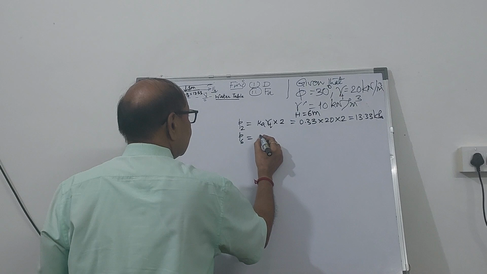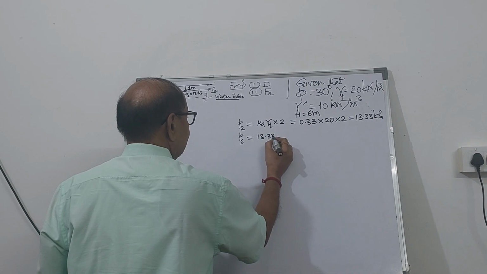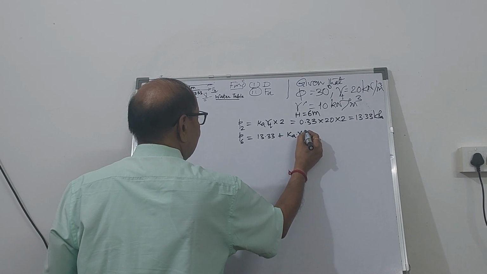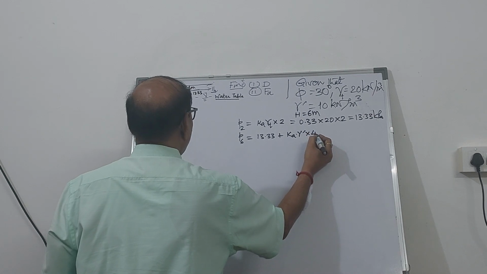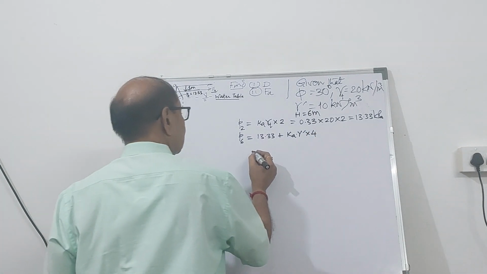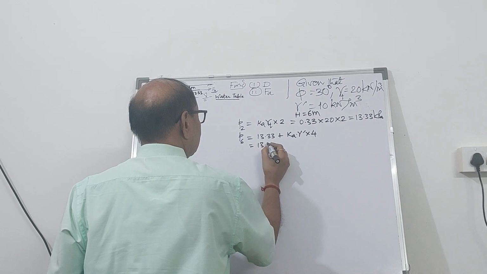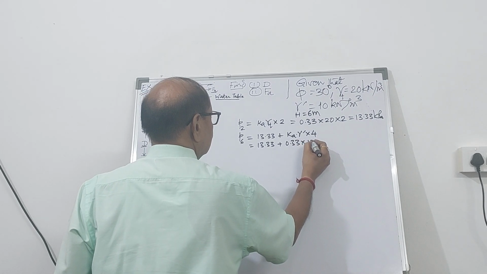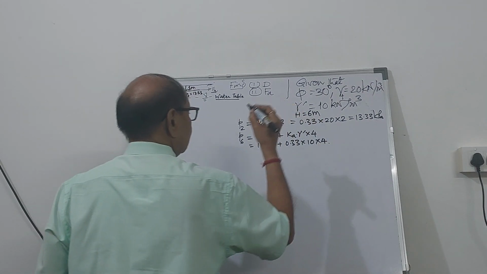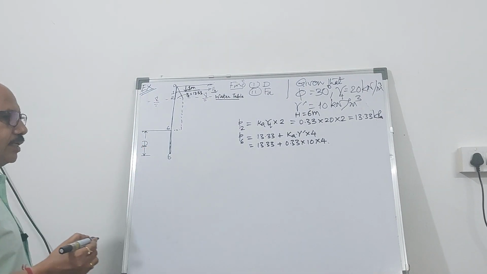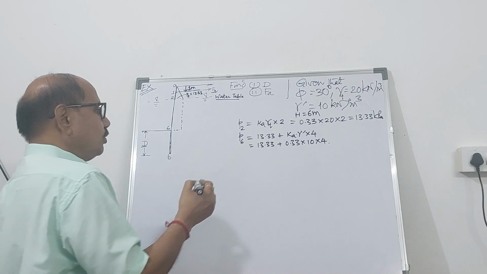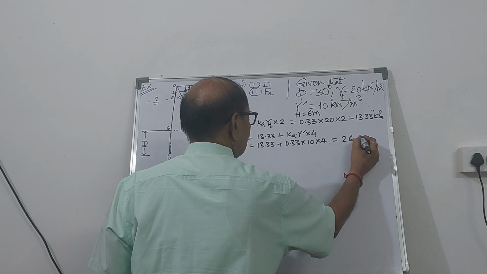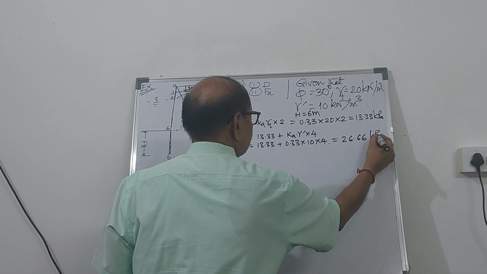It will be 13.33 plus K into gamma prime into 4 meter. So this becomes 13.33 plus 0.33 into 10. So the value, you can calculate it, and this comes out to be again 13.33. That means it becomes 26.66 kilopascal.